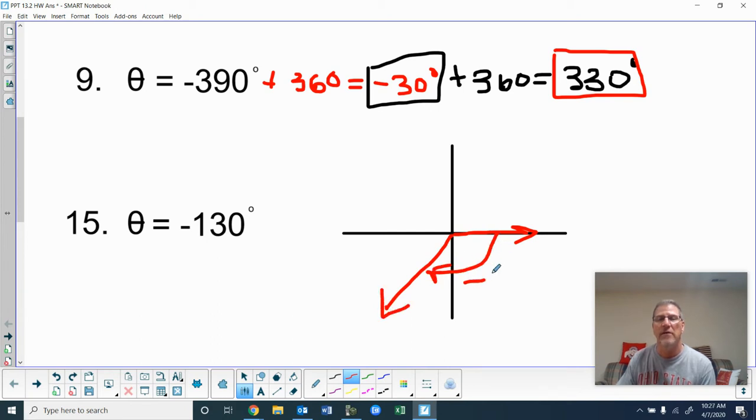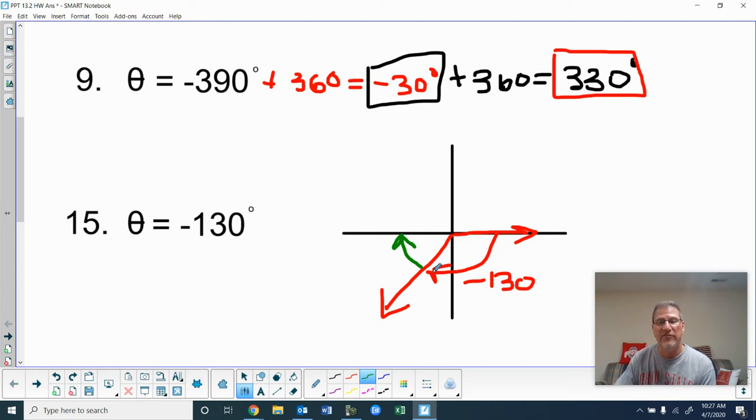All right, the reference angle is between the x-axis and that terminal side. So that's what I'm looking for here, where this green arc is. And all I do, since I'm in the third quadrant, I'm going this way, I know if I would have went halfway around, it would be negative 180.